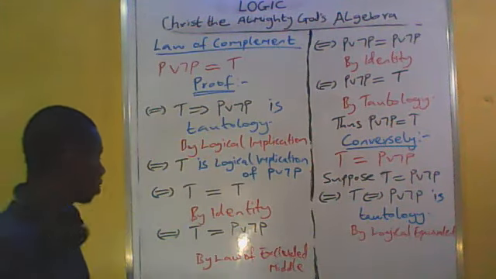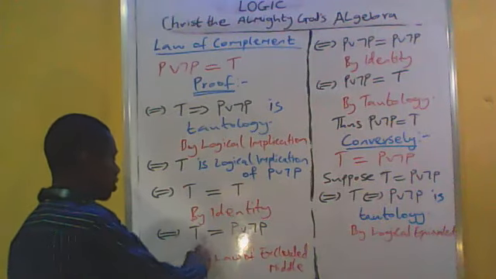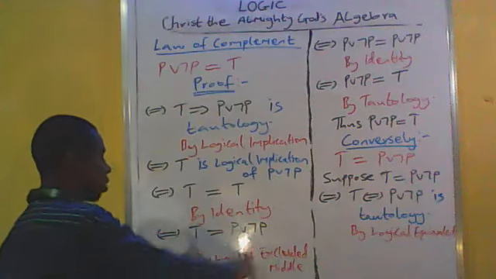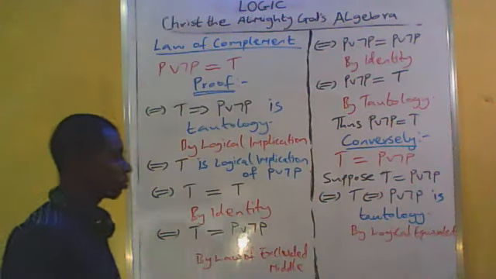We have now proved the converse, that T is equal to P or not P, by the law of excluded middle.